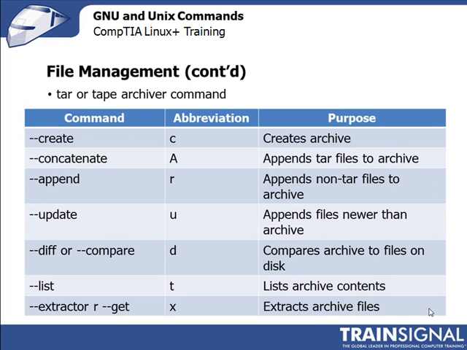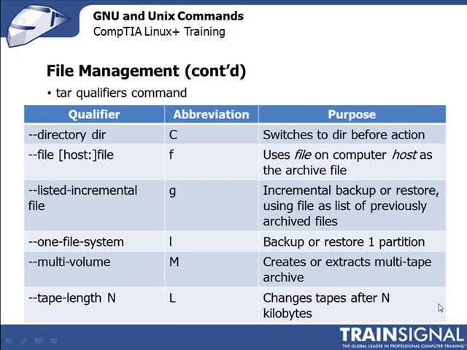Let's move on to the next couple of slides that cover qualifiers and how they can be used to change what the commands do. Qualifiers, again, can be used to modify what the tar command can do.